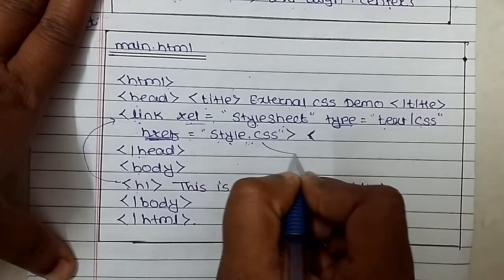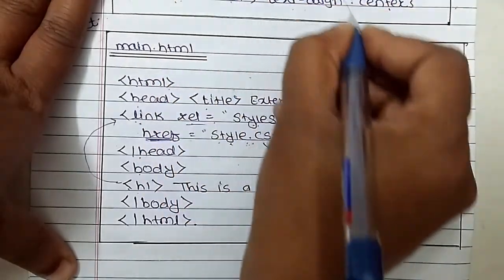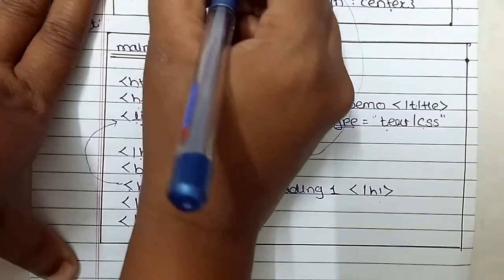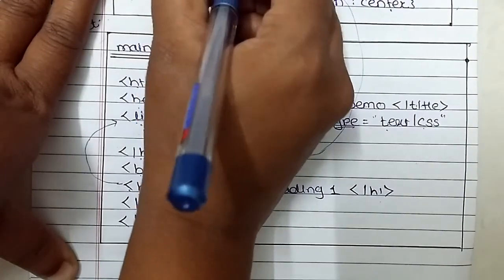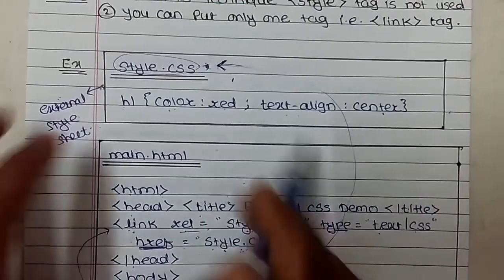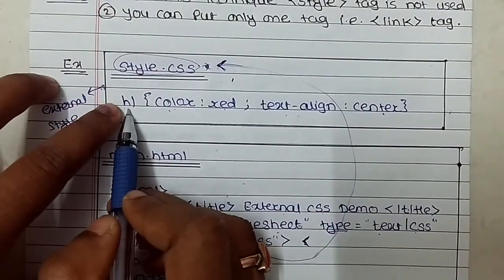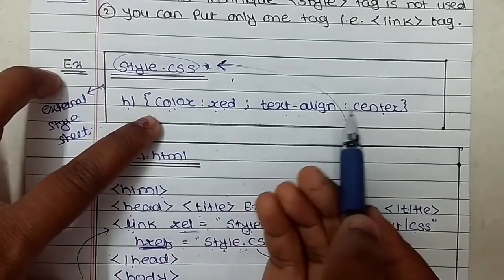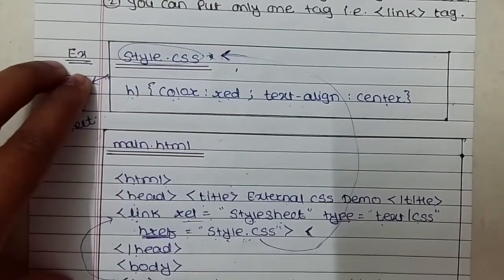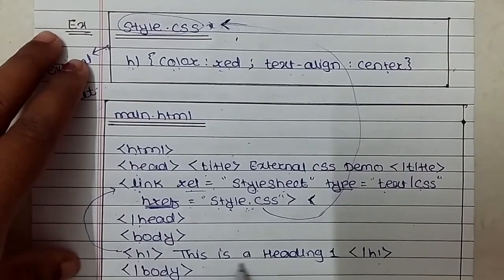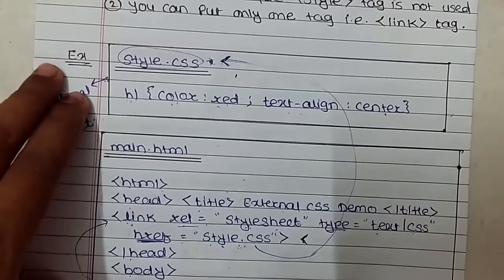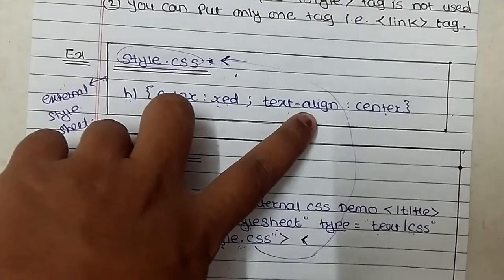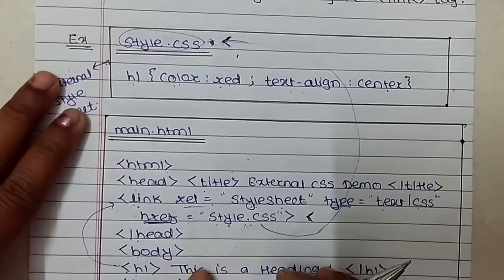From this point your control goes to this file. In this file, the h1 text is colored red and the alignment is center. That means this heading 1 text is in red color and aligned to the center. Clear?